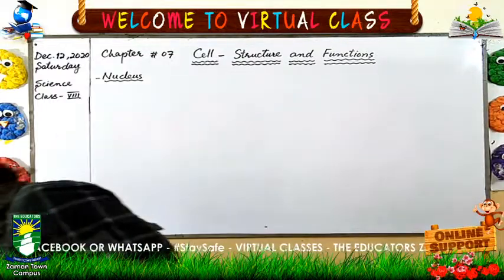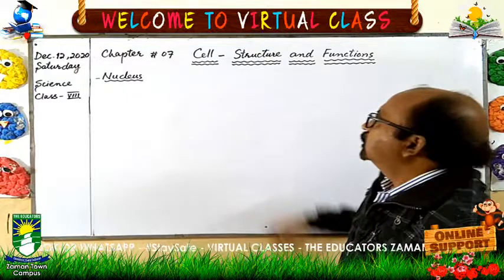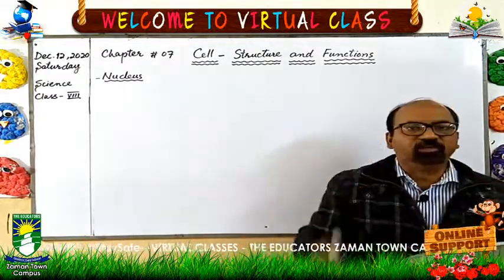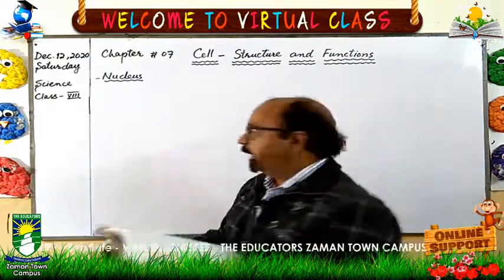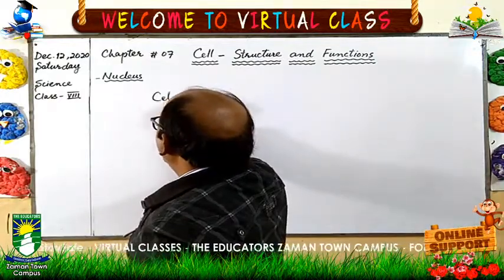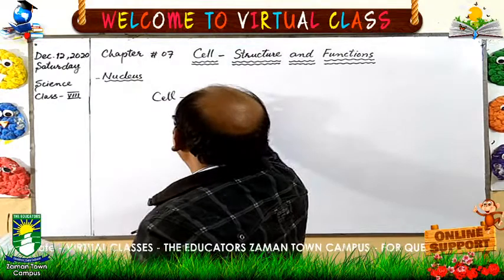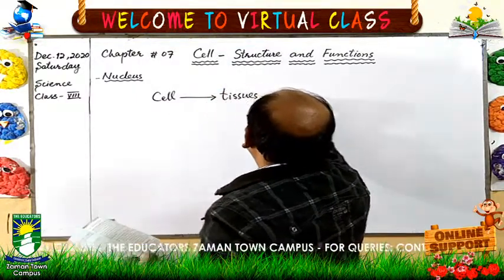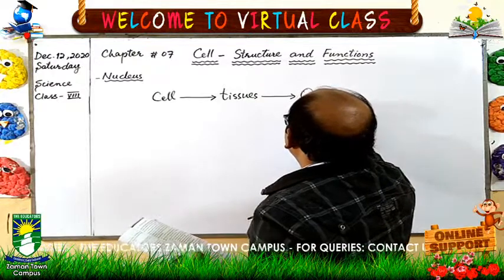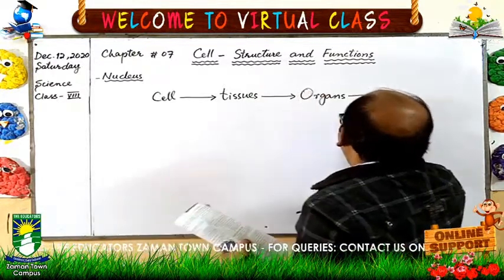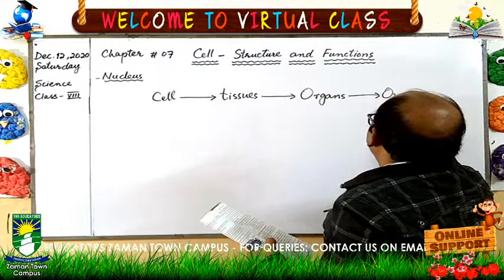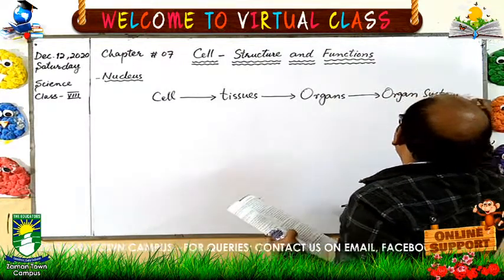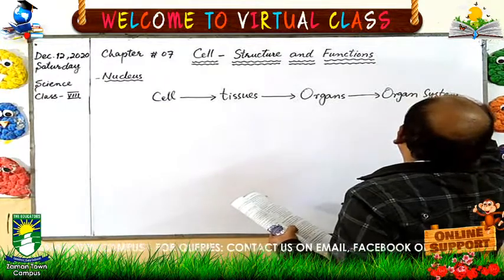As we have discussed, the basic unit of the body is called the cell. So cell, tissues, organs, organ system, and body.